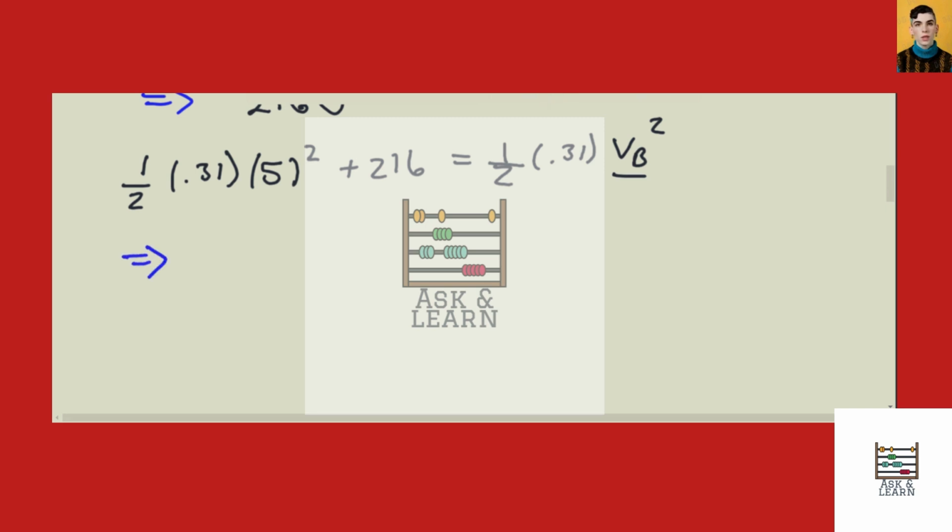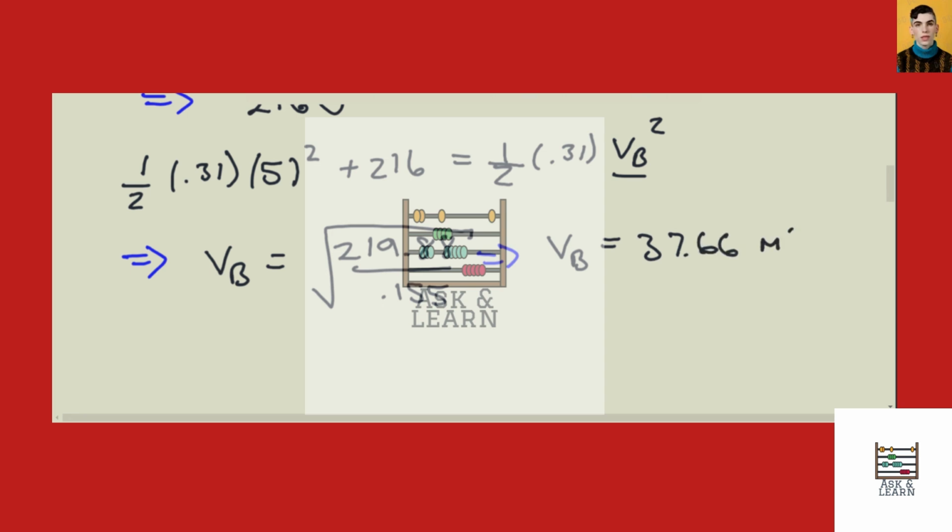So vb equals the square root of 219.88 divided by 1/2 times 0.31, which is 0.155, to get rid of the square on vb. For vb we get 37.66 meters per second. Okay, so that's the velocity.